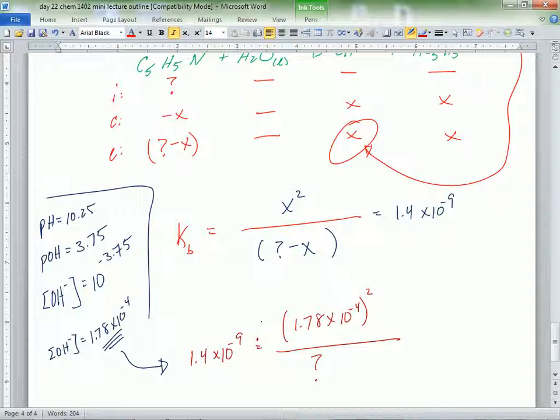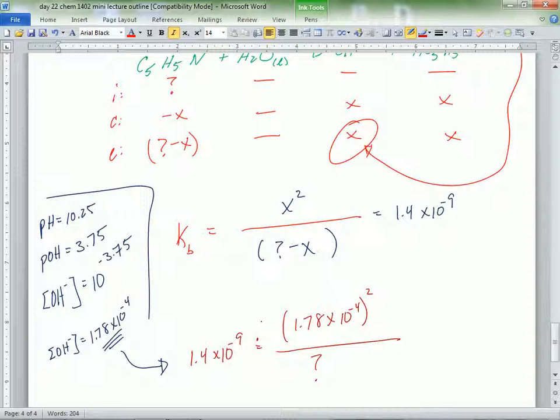Okay, so how do I put that in the calculator? So first, how do you solve for the question mark? Well, I would take this and times it by this. This is on top, and that's on top. Then divide it. This has to go where? Down here. Where's the question mark go? Up there. Oh, okay, got it.